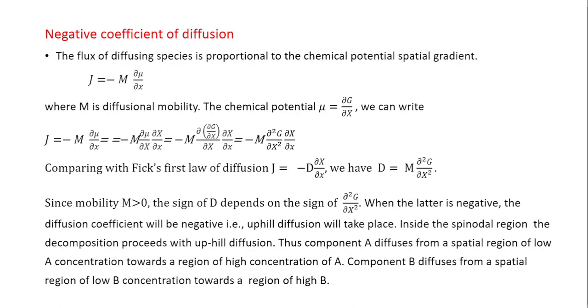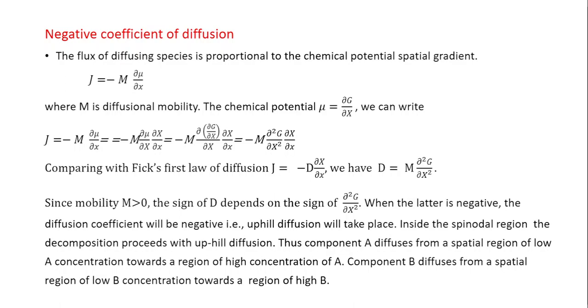Negative coefficient of diffusion. The flux of the diffusing species is proportional to the chemical potential gradient. This is expressed as the flux J equal to minus M, where M is the diffusion mobility, multiplied by ∂μ/∂x, the chemical potential gradient. The chemical potential μ is defined as ∂G/∂X.